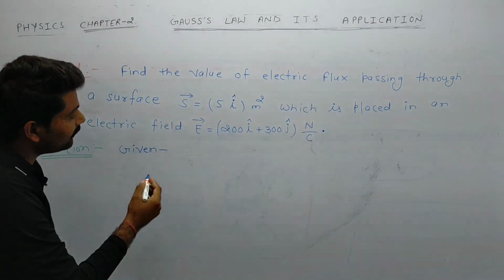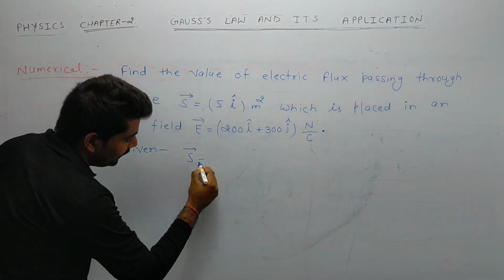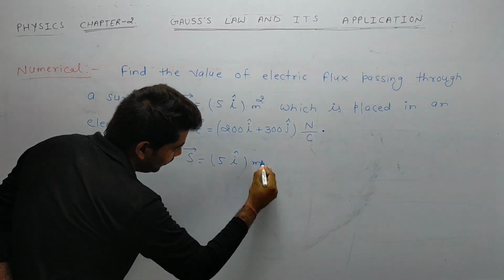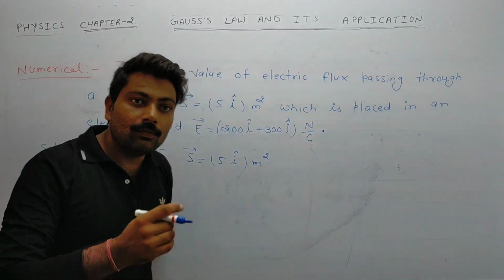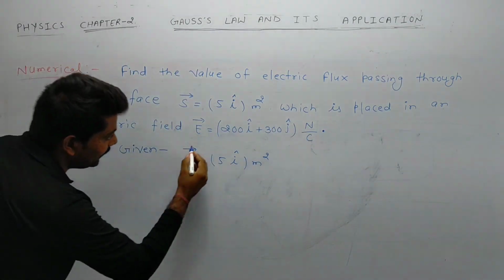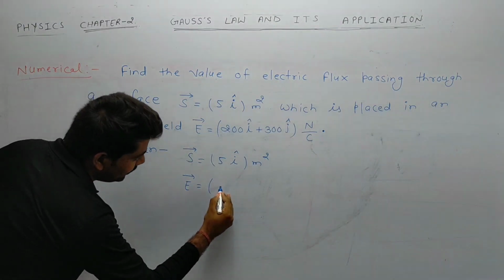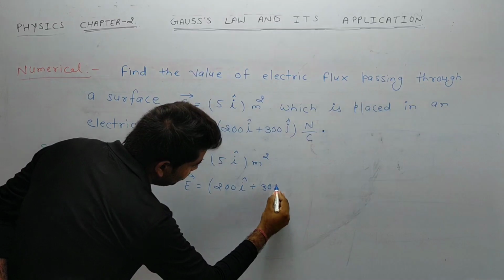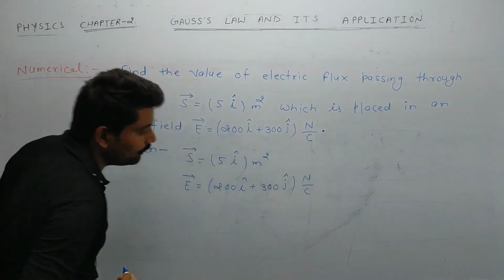The given quantities are the area vector, S vector, is 5 i cap meter square, where i cap is the unit vector along the x axis, and the second quantity is E vector equal to 200 i cap plus 300 j cap Newton per Coulomb.